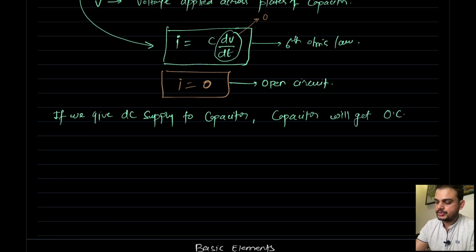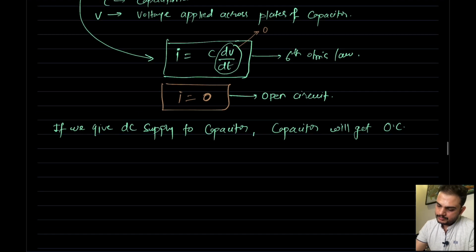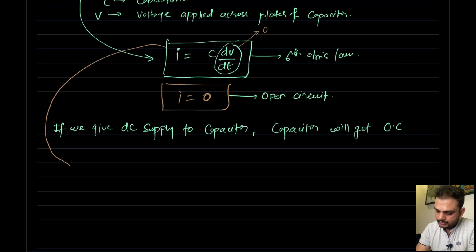This is the conclusion we can draw if we give DC supply. Now there is one more conclusion we can draw from I is equal to C dV by dt. That is an important conclusion.